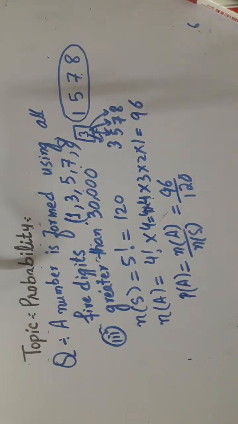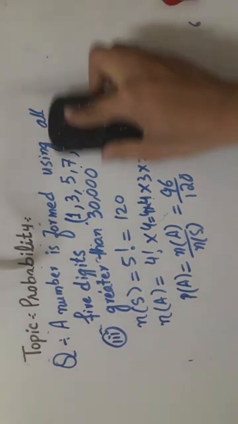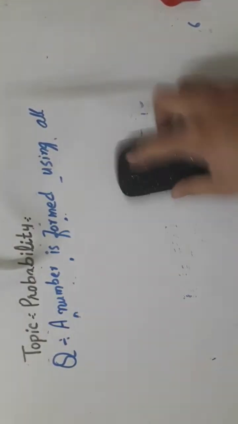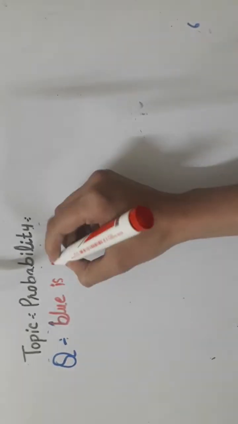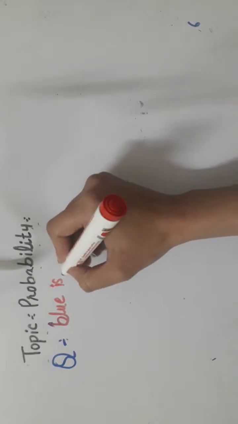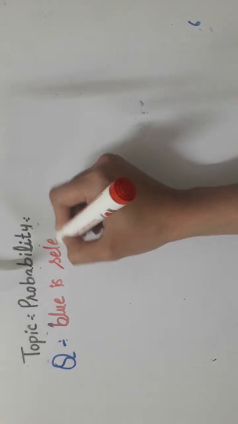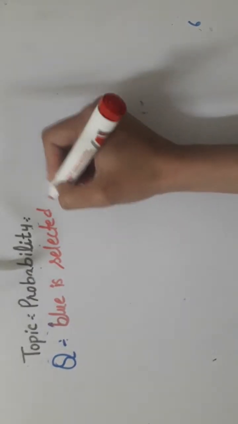Now we have another question, a very important question that is mostly asked in exams. A blue ball is selected, we have to select the blue ball from a bag.